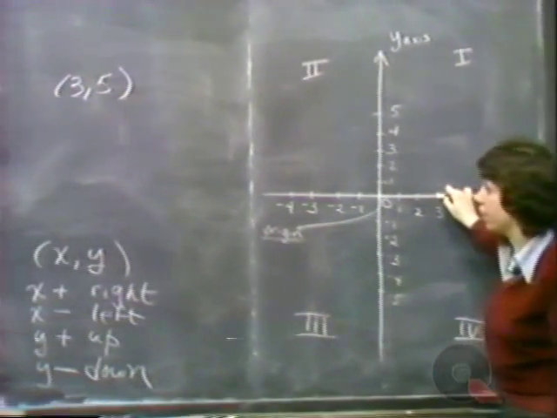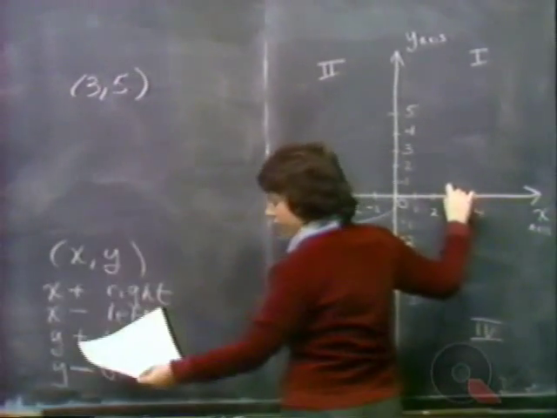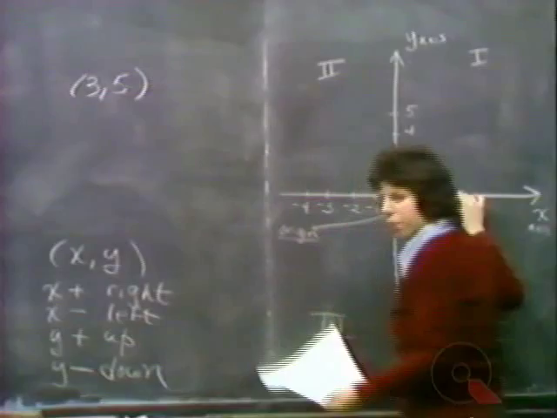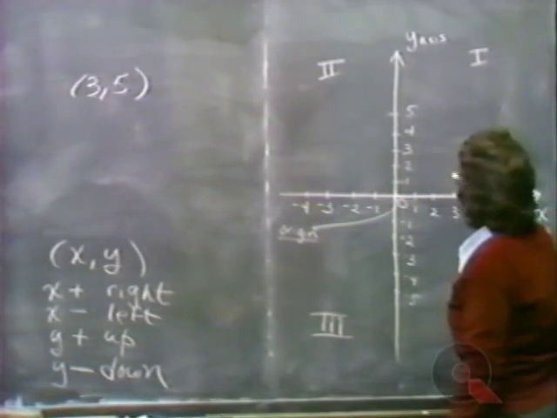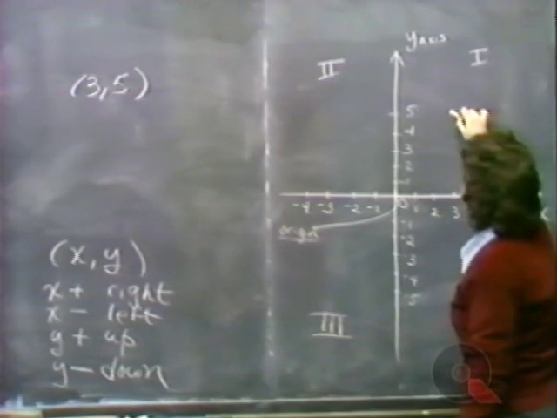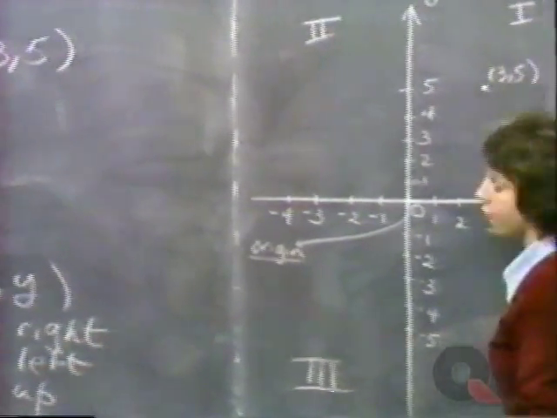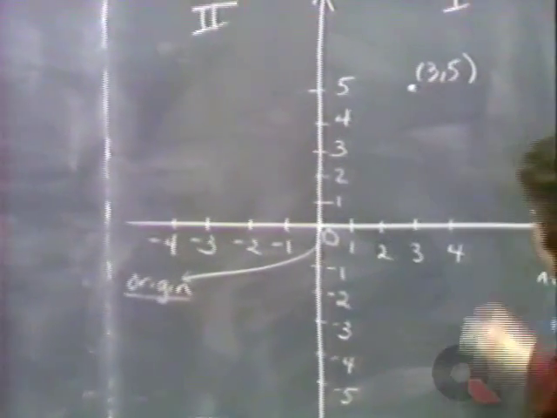He's now over here. Then he sees that y is equal to 5. Since y is positive, he moves up the 5 units. 1, 2, 3, 4, 5. This point represents the ordered pair of numbers, 3 comma 5.